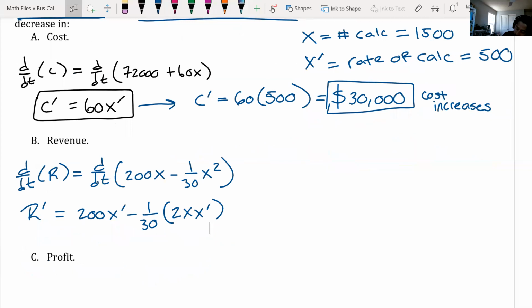Now let's go ahead and reduce that. We're going to get R prime is equal to 200x prime, and 1 over 30 times 2 becomes negative 1 over 15 x prime.